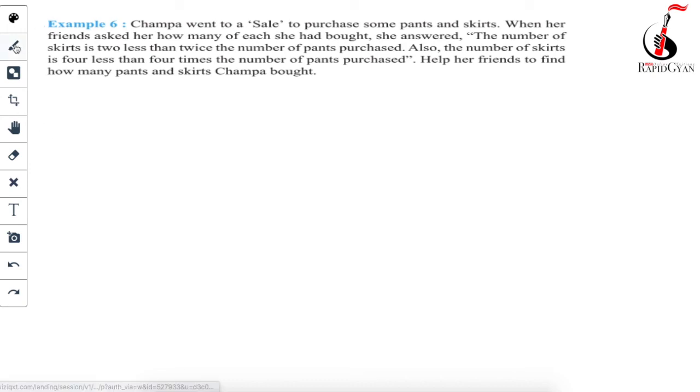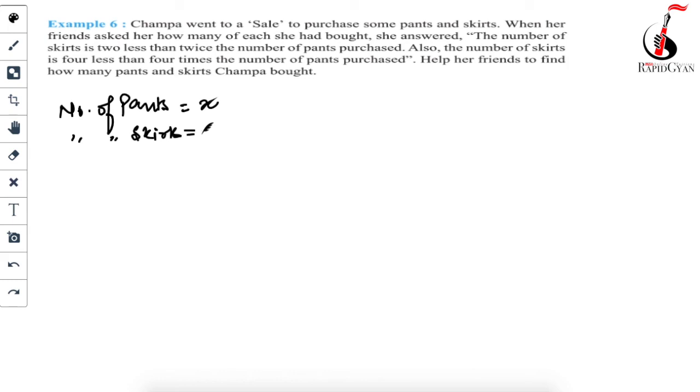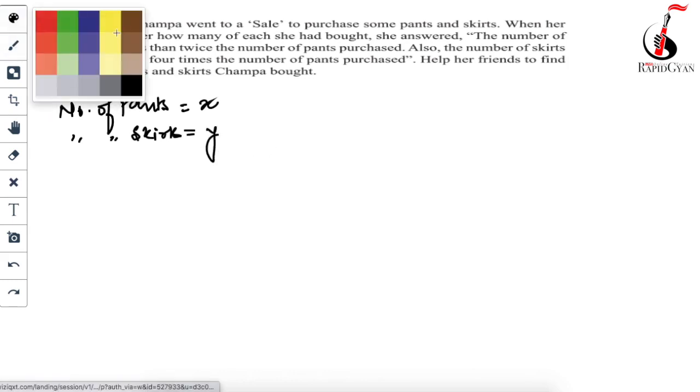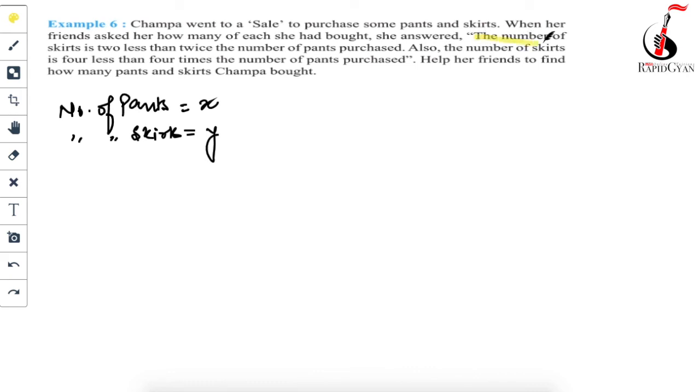So we are going to assume, suppose, the number of pants purchased by Champa is equal to x and the number of skirts purchased by Champa is equal to y, correct? Now what is the first condition given? The first condition is that the number of skirts is 2 less than twice the number of pants.